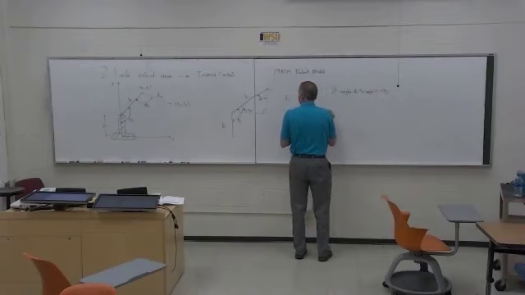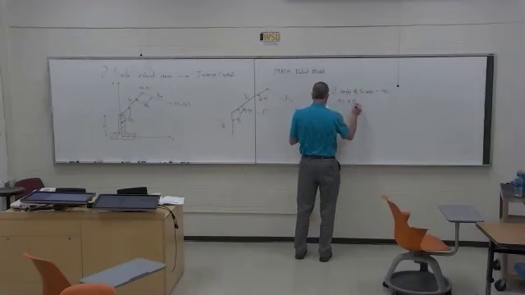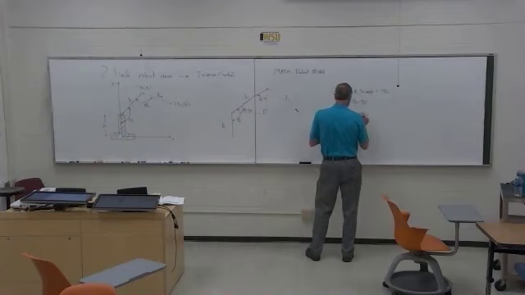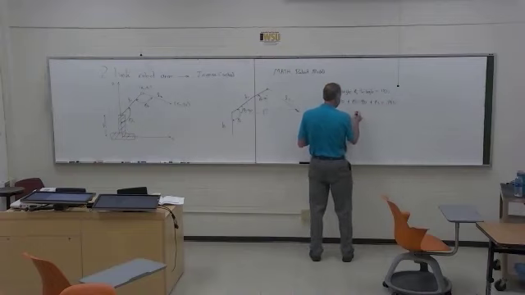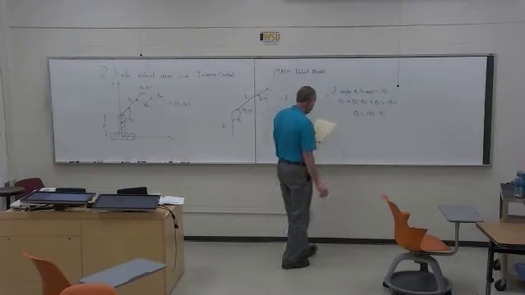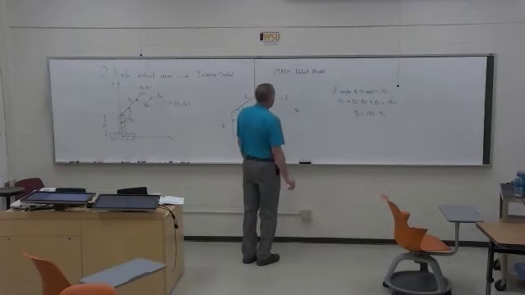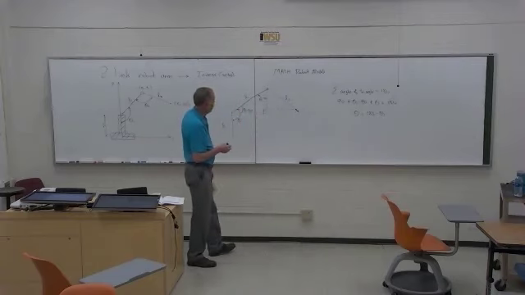So what we've got: 90 plus θ1 minus 90 plus theta, which is what we're trying to solve. So the 90s cancel out, and we solve for theta, and theta turns out to be 180 minus θ1. So that gives us that angle, and we're going to do sines and cosines to get the length.